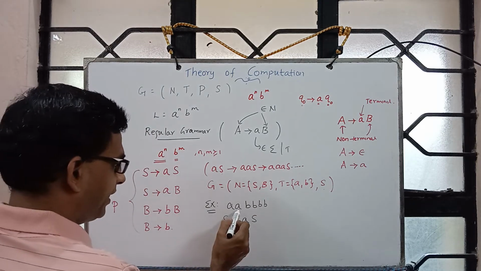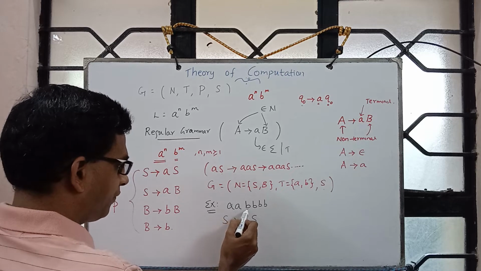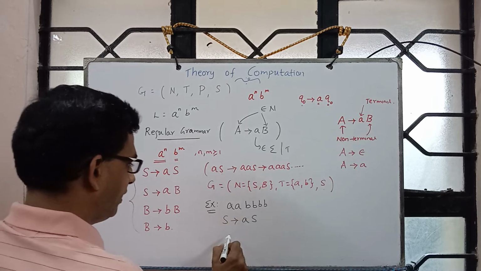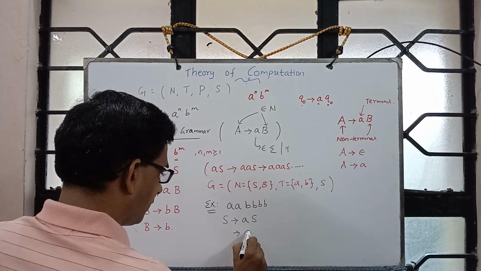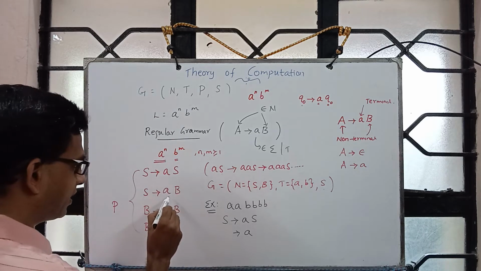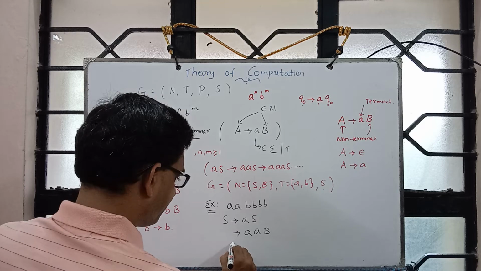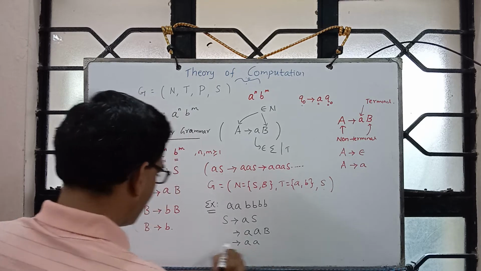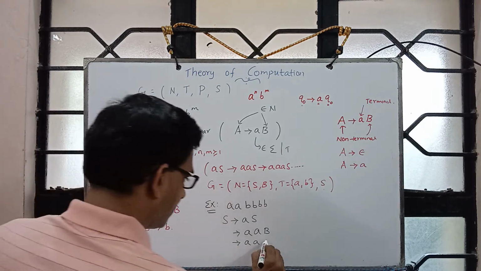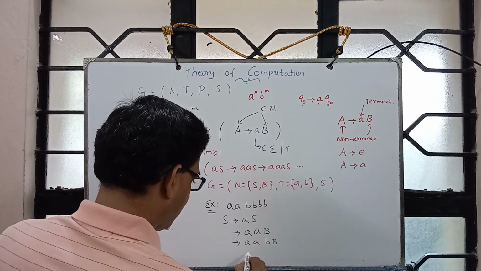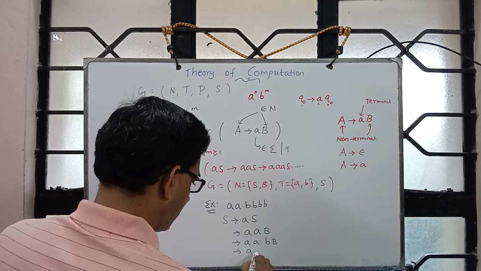Now I need one more a, followed by starting b. So instead of choosing this, I choose this: aB. Then I use this three times.